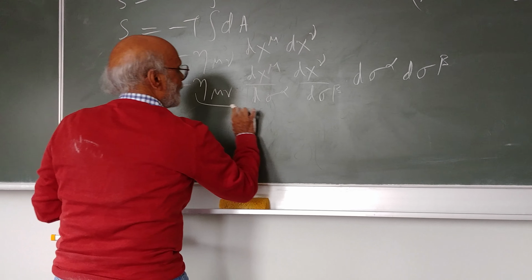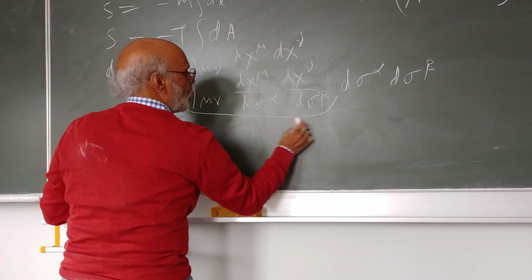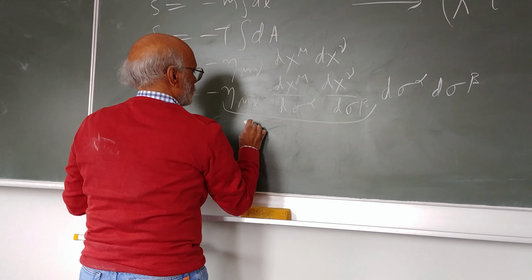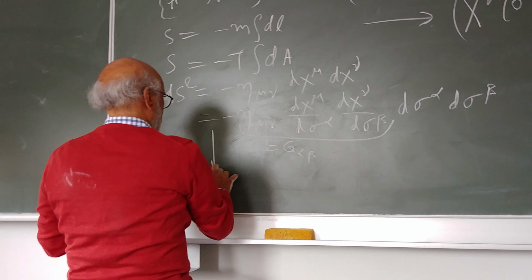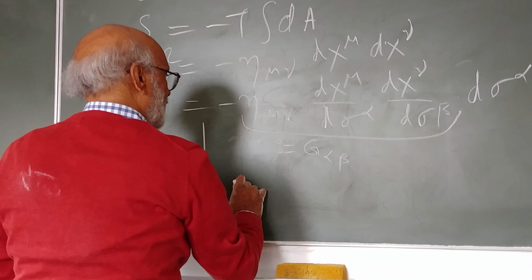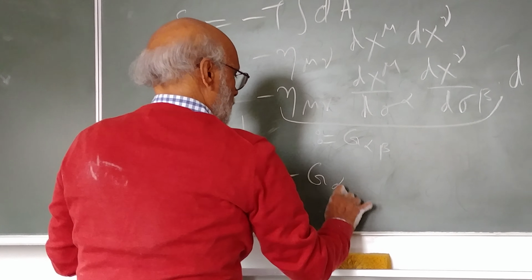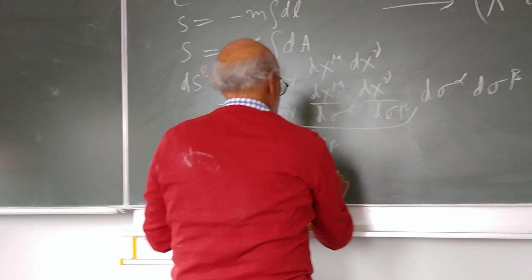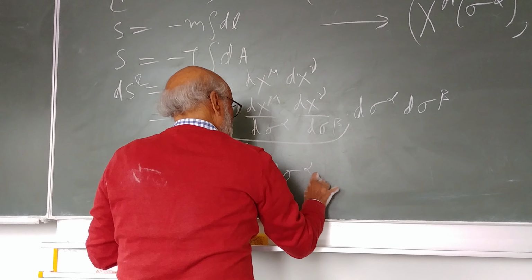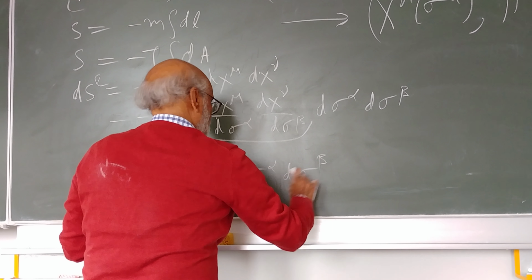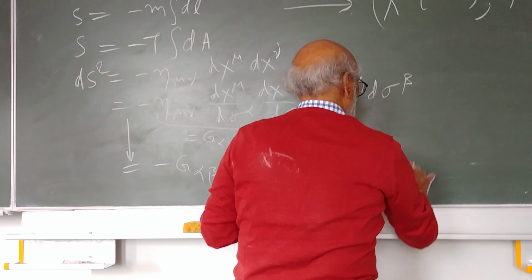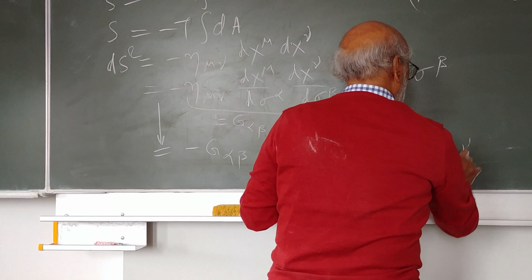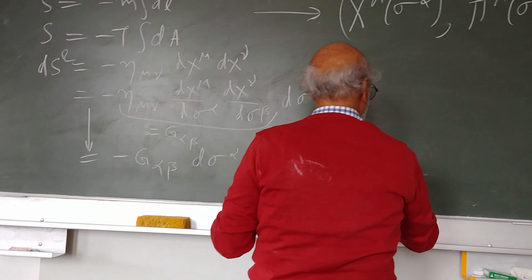Now I can define this object as g alpha beta, and then I can write it as minus g alpha beta d sigma alpha d sigma beta, but you might recollect that this was equal to minus eta mu nu.